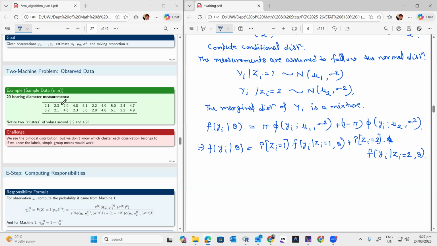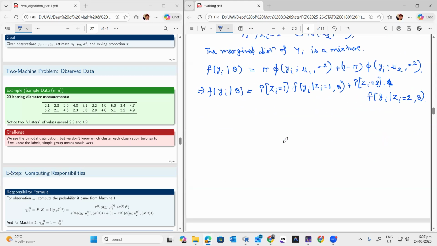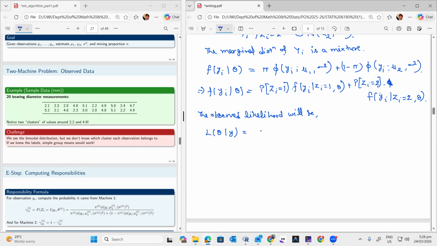For that, the observed likelihood will be L of theta given y equals the product over i from 1 to n of pi times phi of yi with mu1 and sigma square, plus 1 minus pi times phi of yi with mu2 and sigma square.